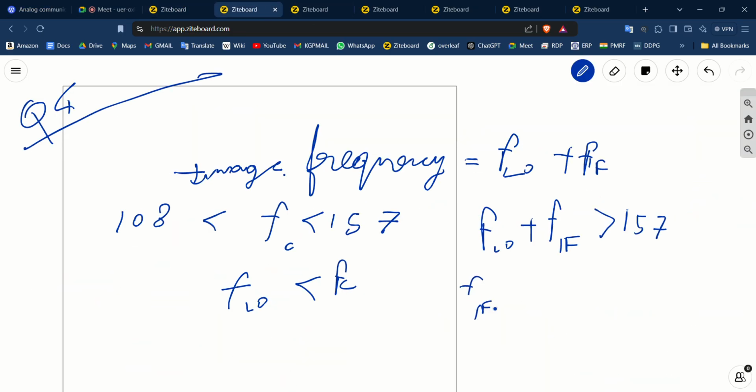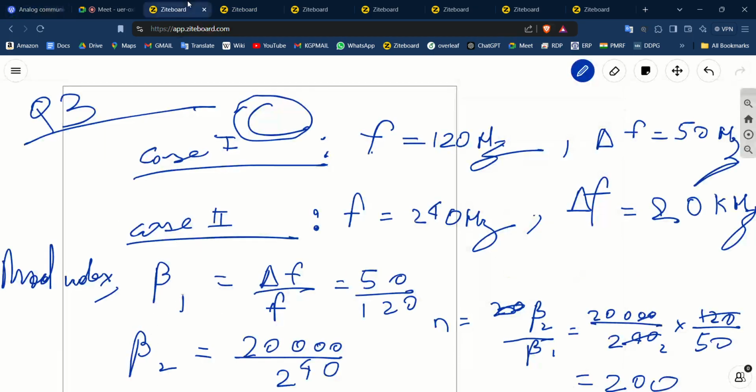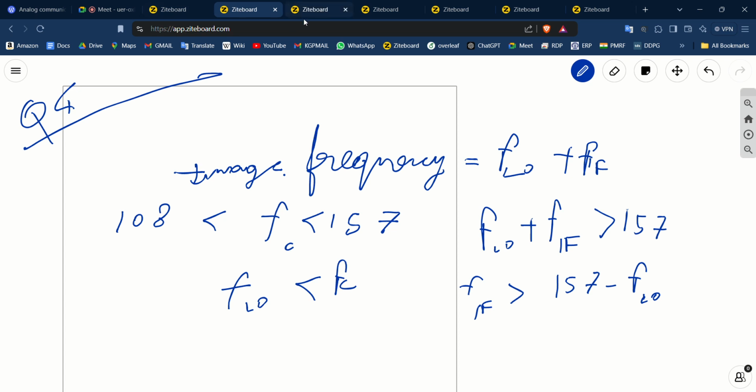So FIF is greater than 157 minus FLO, where FLO is less than FC.